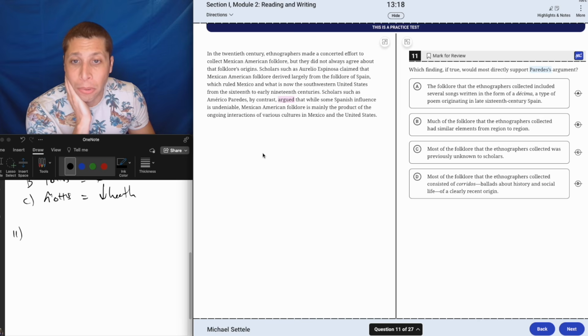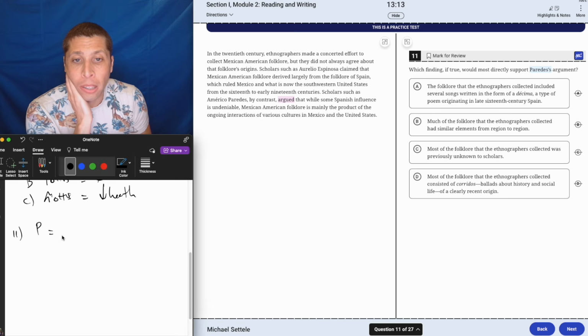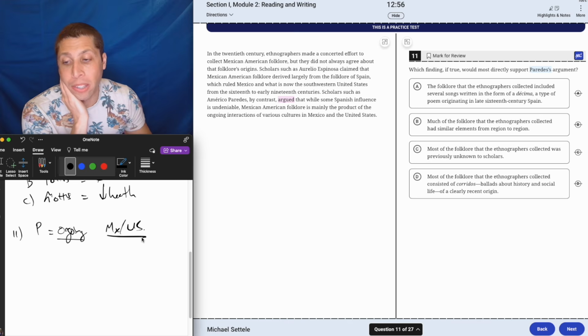Scholars such as Americo Paredes, by contrast, said that while some Spanish influence is undeniable, Mexican-American folklore is mainly the product of ongoing interactions of various cultures in Mexico and the United States. So it's ongoing, and Mexico, US. So basically the other guy is saying Spain, so we want to support that. So it's ongoing, something about Mexico and the US.